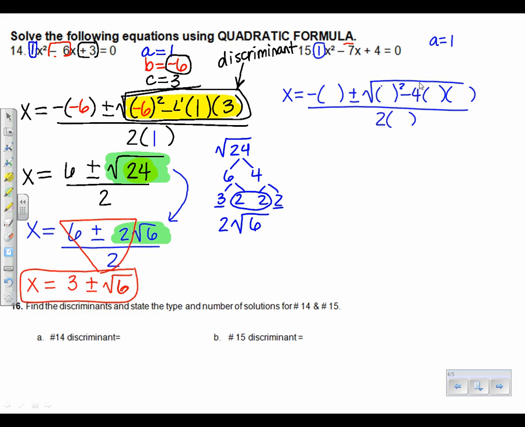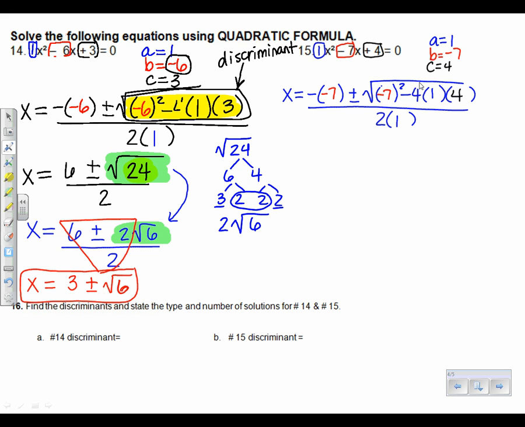My b value is negative 7. My c value is positive 4. And now I just go plug in my formula. Negative b plus or minus square root of b squared minus 4a, and c goes in this one.